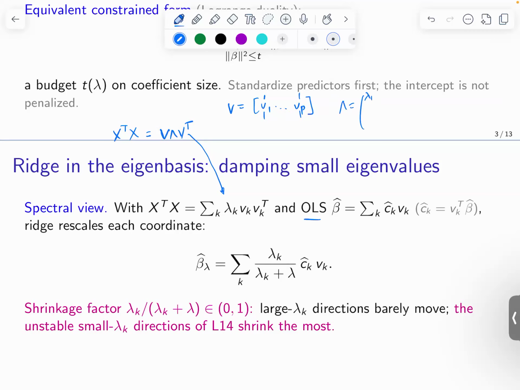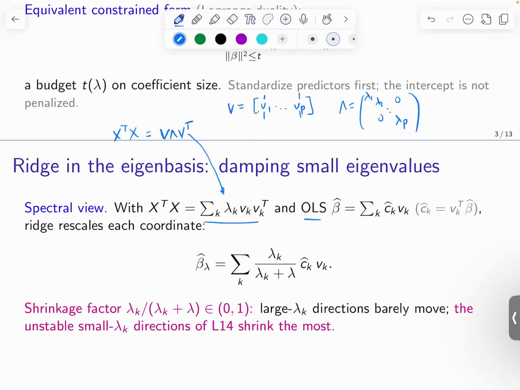Lambda is a diagonal matrix of eigenvalues. Another way of writing V lambda V transpose, which you probably have seen at some point in the lectures, maybe in the multicollinearity lecture, is like this. I'm not going to use this for much.